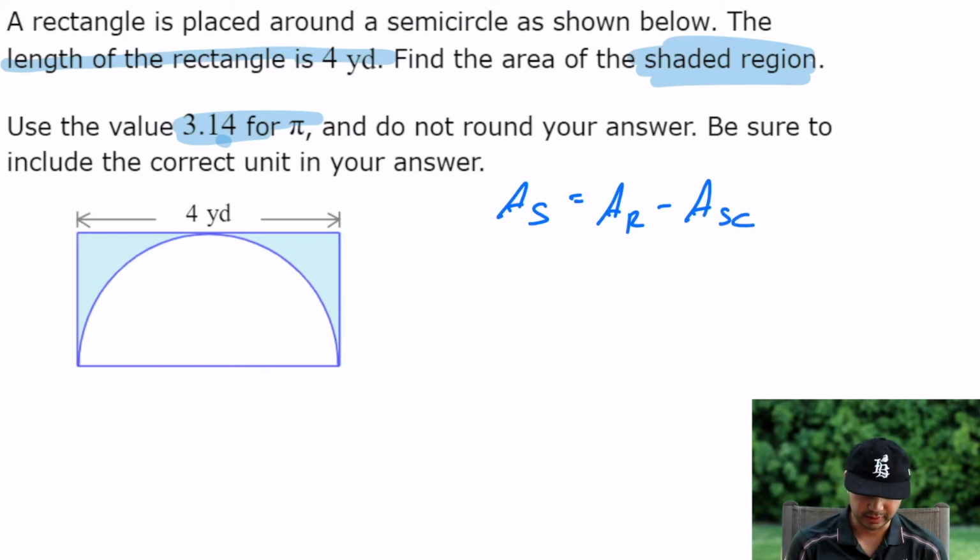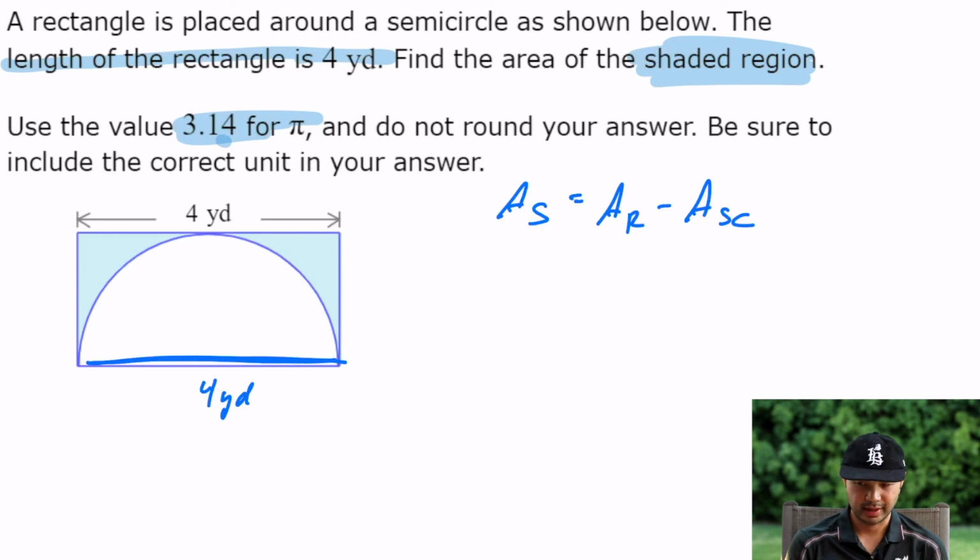Let's go with the area of the rectangle first. That one looks a little easier. So let's label these parts here. It says the length of the rectangle is 4 yards. You might be thinking, okay, this is 4 yards here, but what's that supposed to be? This is a semicircle, right? That means this right here is the diameter.